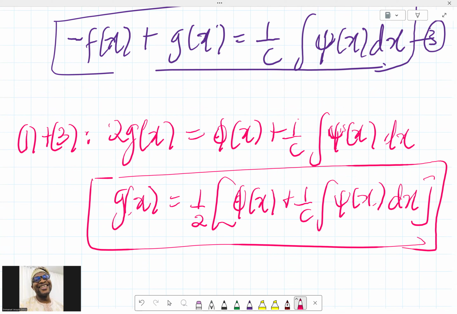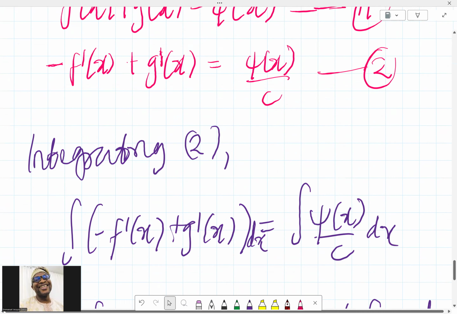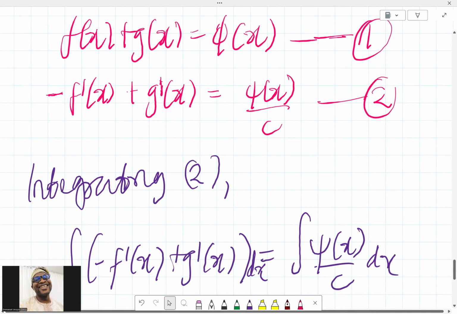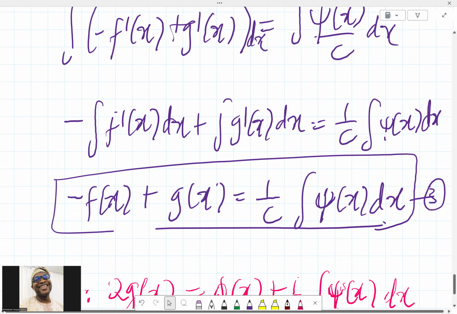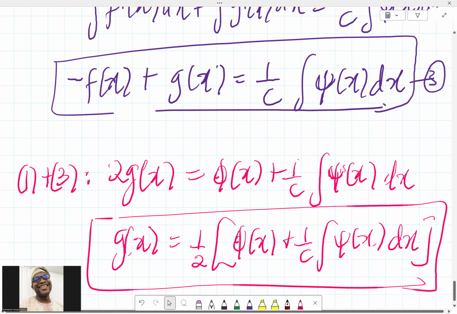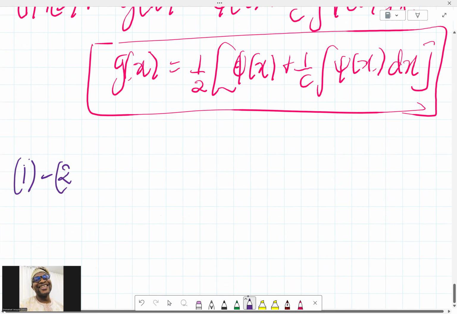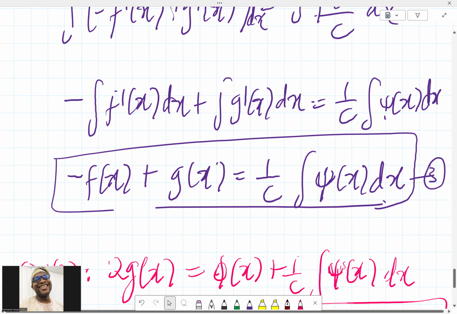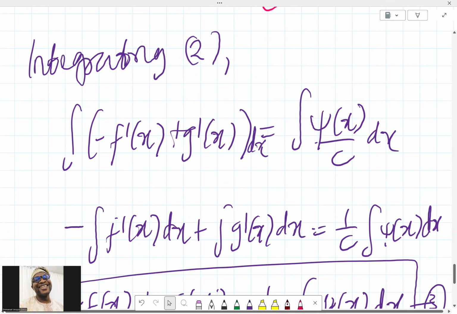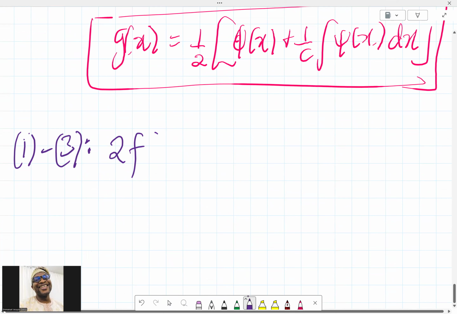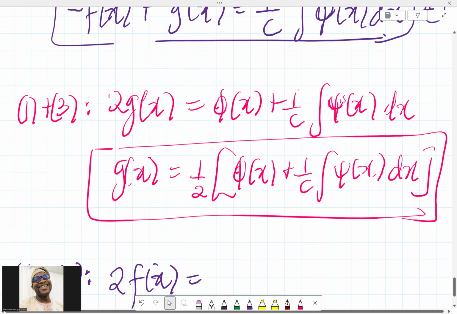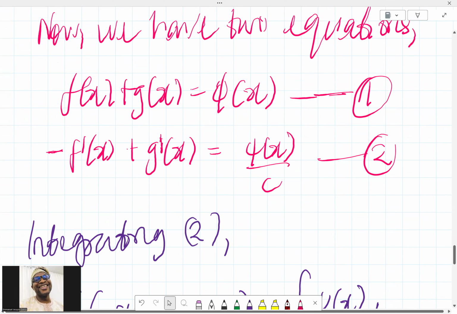So we have added here. What if we want to subtract? We can also subtract to get f of x. So now we say equation 1 minus equation 3. That will be f of x minus minus f of x, that's 2f of x. G of x cancels out, g of x minus g of x is 0.